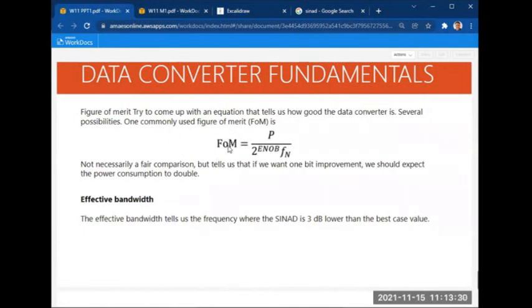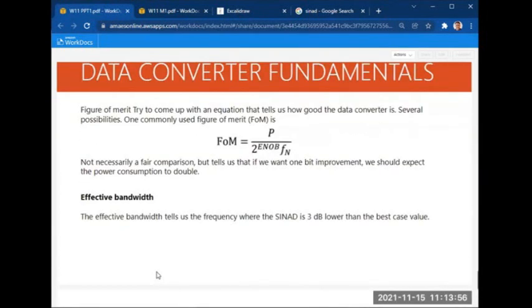The formula for figure of merit is equal to P over 2 raised to the effective number of bits times f_N. Okay. So this is not necessarily a fair comparison, but it tells us that if we want 1 bit improvement, we should expect the power consumption to double.